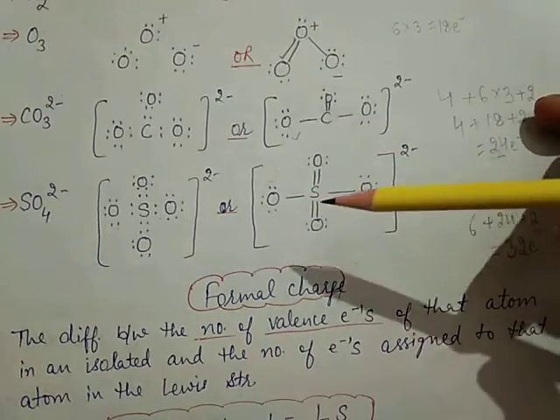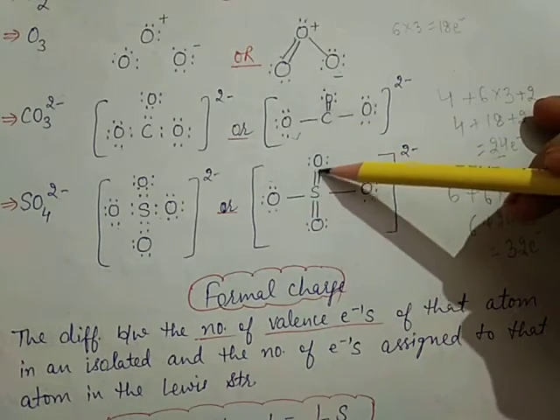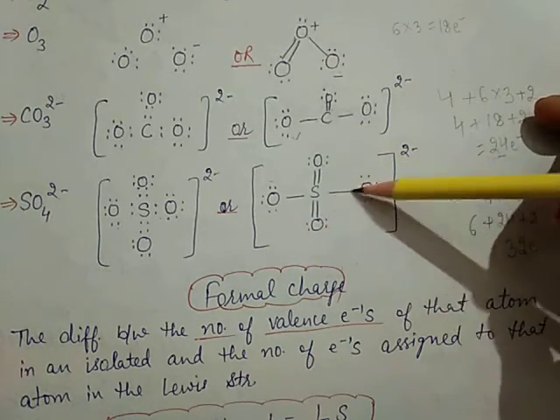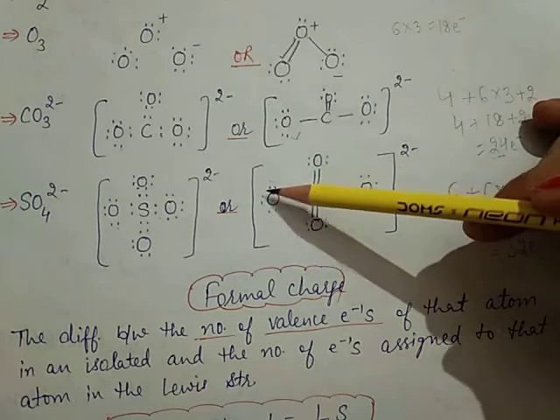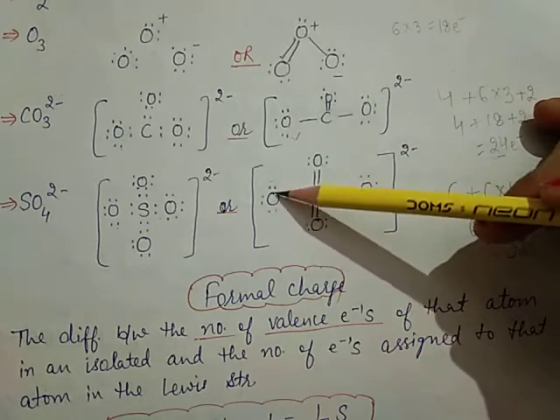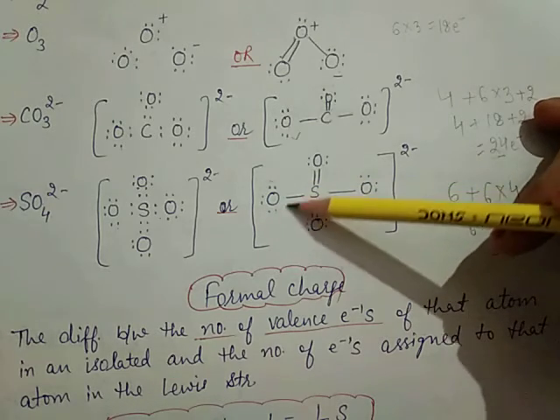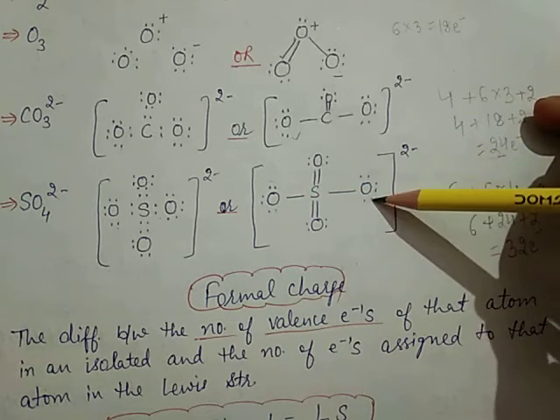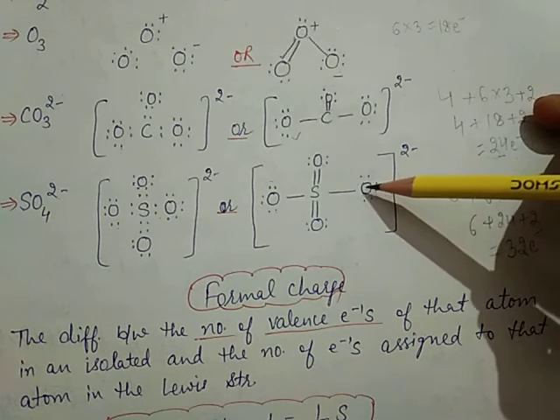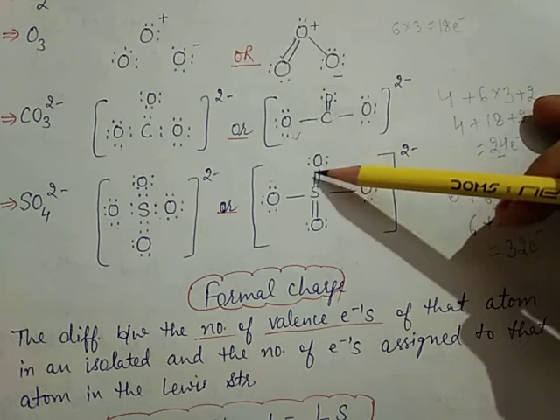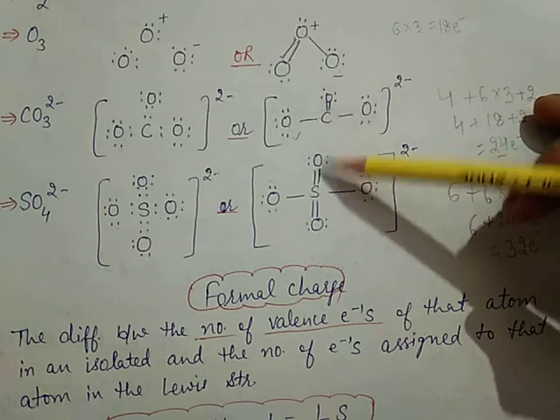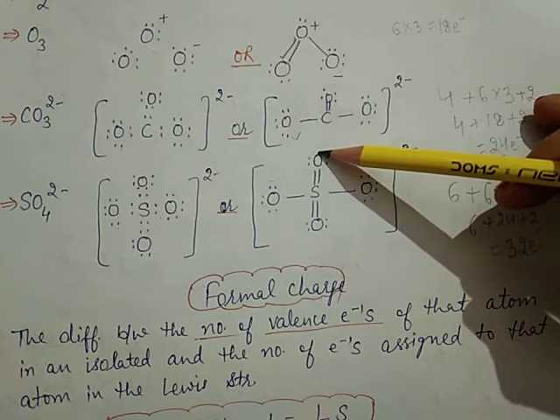So first of all, form single bonds. This one single, single, single, single. After that, 1 2 3 4 5 6 7 8. This oxygen has its octet completed. This also, the octet is completed. In this oxygen, 1 2 3 4 5 6 and 7 8, meaning 2 electrons are here.